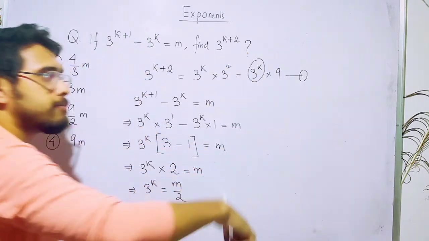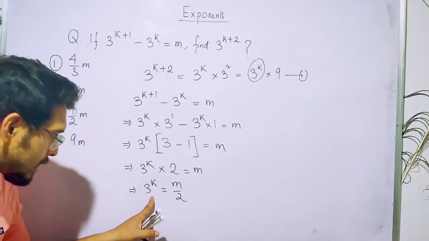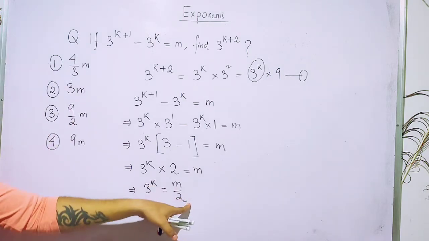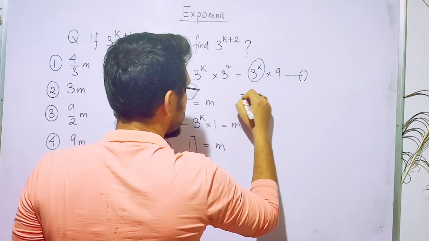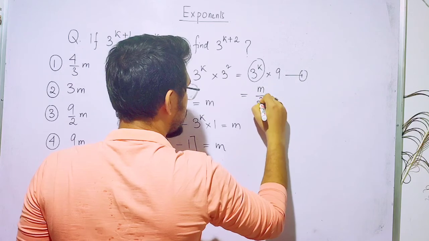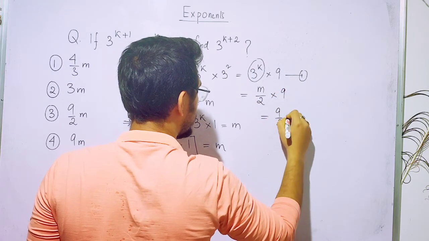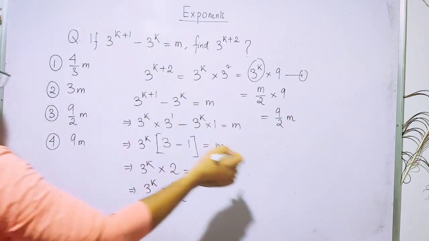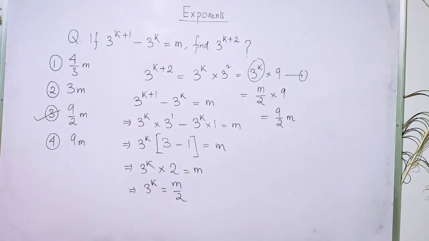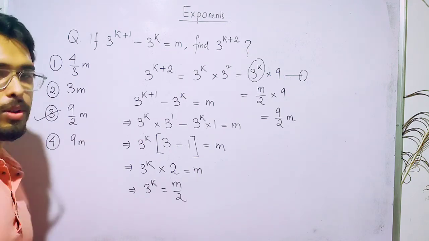Right here. So can I replace this value as m over 2? Yes, why not? So m over 2 times 9, which means 9 over 2 m, which means option 3 again. So that is the second question answered for the exponents.